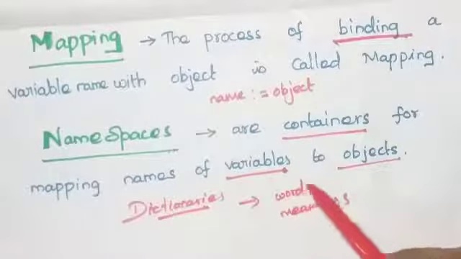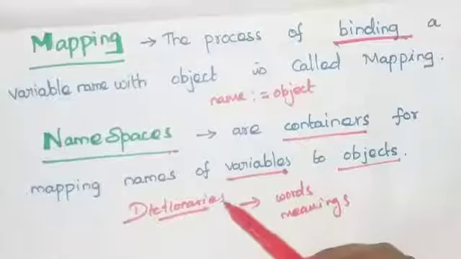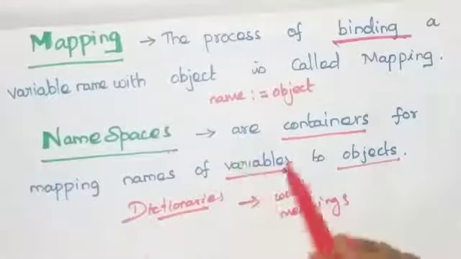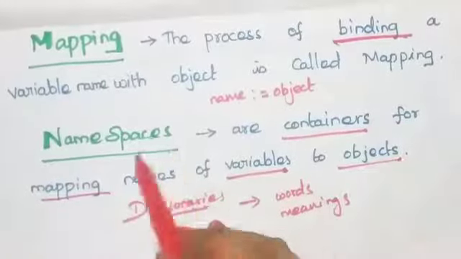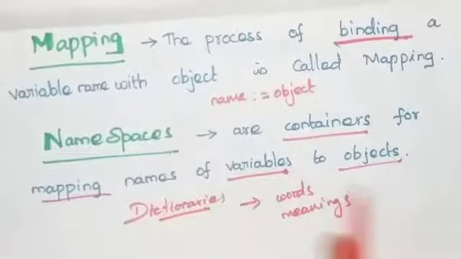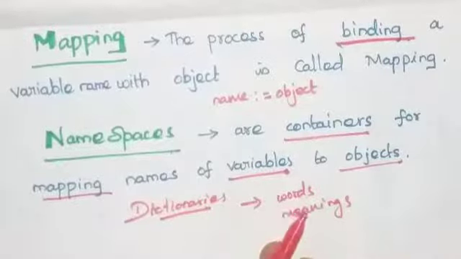The words are mapped with their meanings in dictionaries. Similarly, variables are mapped with their objects in namespaces. So this is about namespaces.